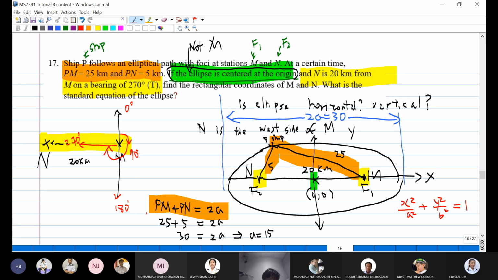So a equals 15 now. So x squared over 15 squared plus y squared over b squared is equal to 1. The question is, what is b now?